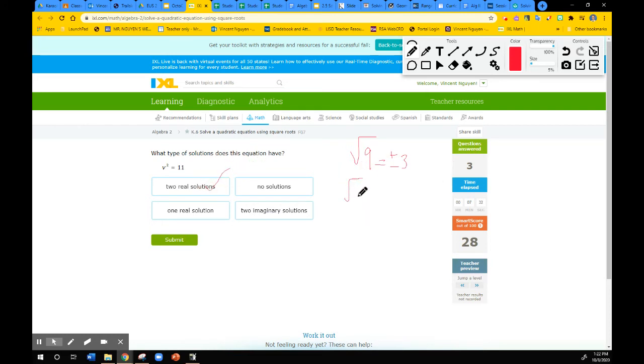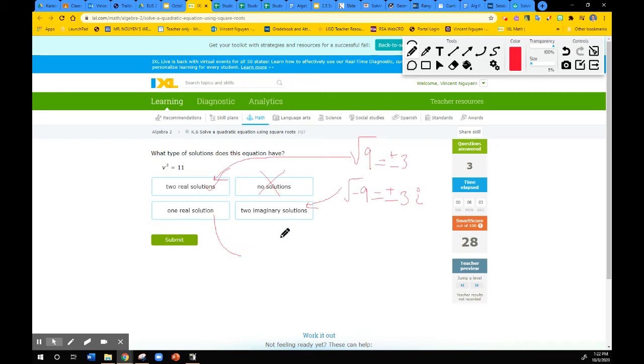When we square root a negative 9, we're going to get two solutions as well, but our answer is going to have an I in it. So this is the case where we have two imaginary solutions. It doesn't mean no solution. No real solution is applicable, but when you say no solution, it's not applicable. It's actually two imaginary solutions.